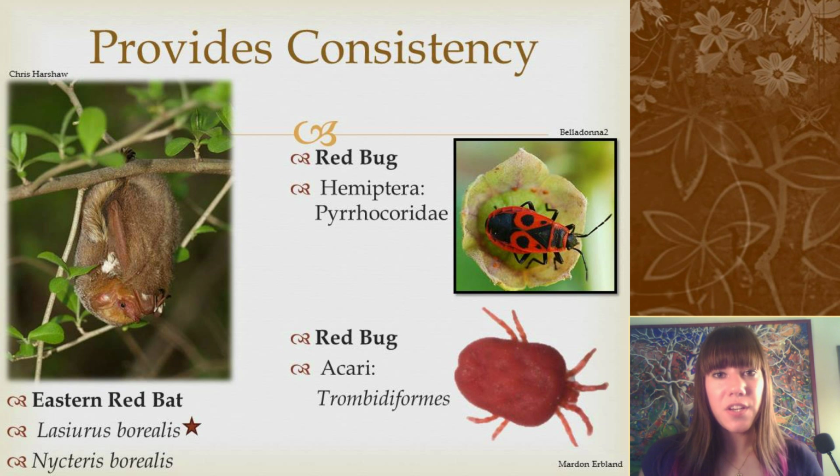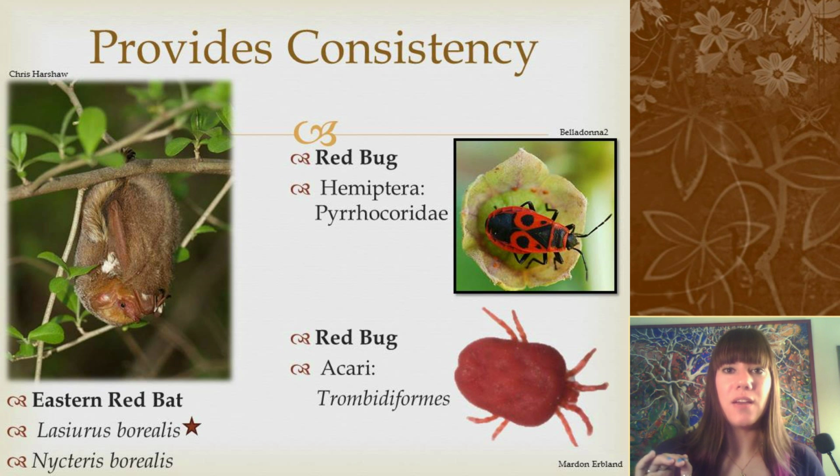Sometimes you'll get things called synonyms. It happens a lot in insects because so many people are going out and trying to identify insects and no one has time to double check all of them. So sometimes one animal will get several different scientific names because different people found it and didn't realize it was named by someone else already. But there's a whole committee whose job is to go and find those synonyms, figure out which one was the first one, and if it was accurately placed in the right place, and then assign that as the official name.